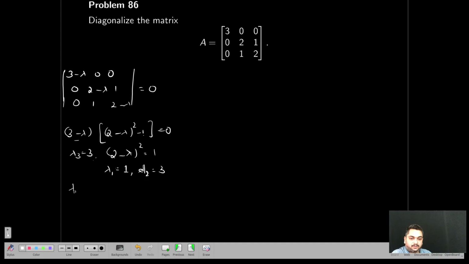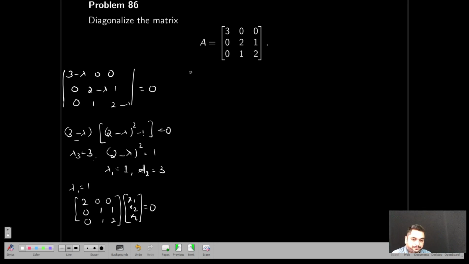Let us take lambda equal to 1. For this, we will find the eigenvectors. So what will this become? This will be 2, 0, 0, 0, 1, 1, 0, 1, 1 into the vector x1, x2, x3. This should be equal to 0.